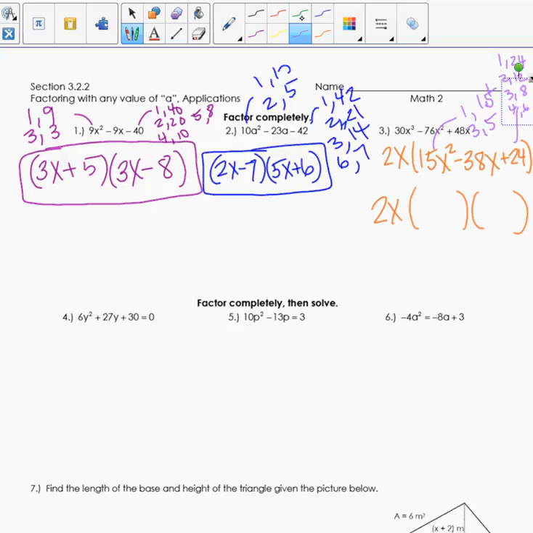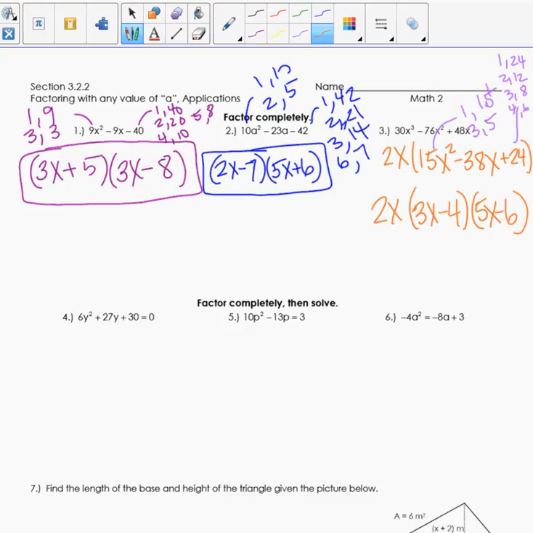All right, so if we start playing around a little bit, we need to get to 38. So I'm going to do 3x and 5x, see where that gets me. And maybe 4 and 6. My signs have to be the same because I want a positive 24, and they have to be negative because my b value is negative.